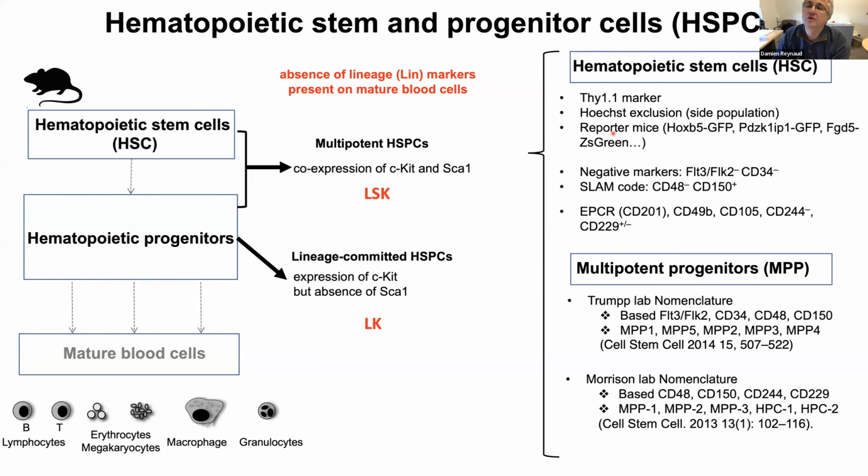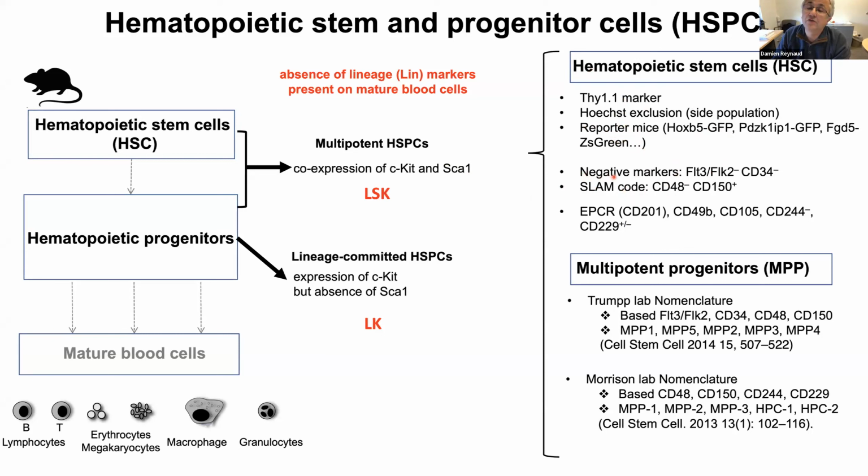None of these reporters is actually perfect to pin down the hematopoietic stem cell compartment, and they are limiting because each time you need to have the strain to do your study. So the most effective way to isolate the stem cells is through cell surface markers, and different nomenclature and protocols have been put in place over the years.